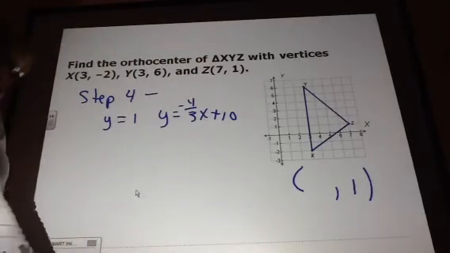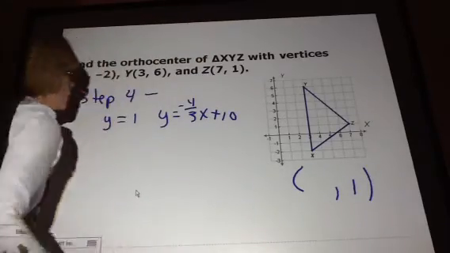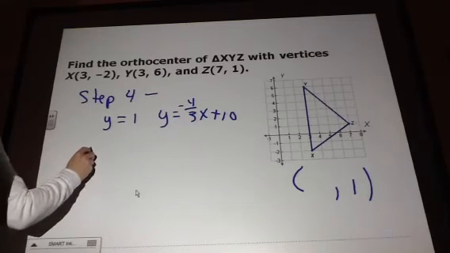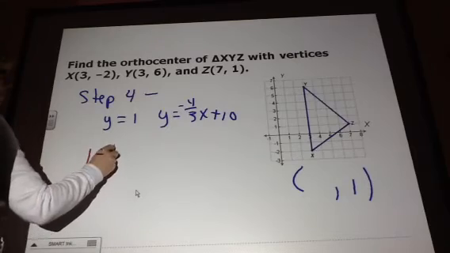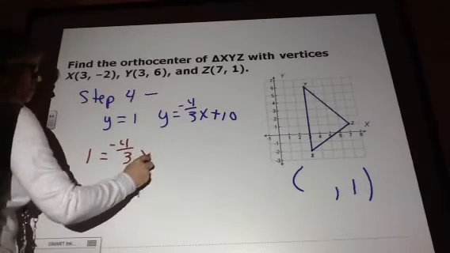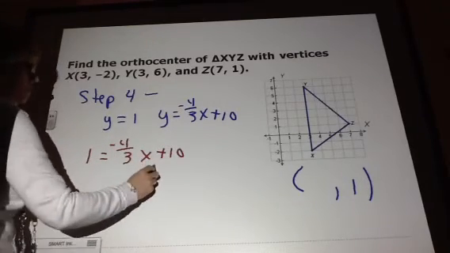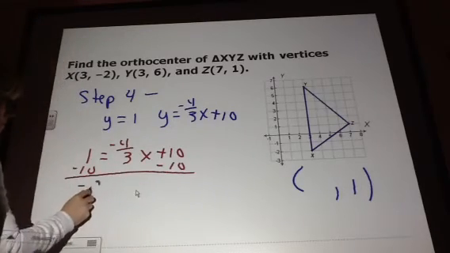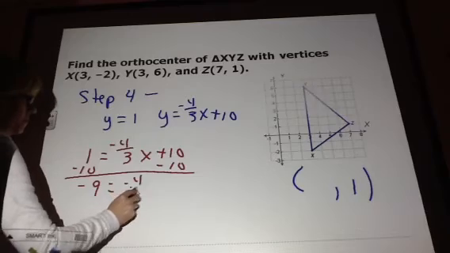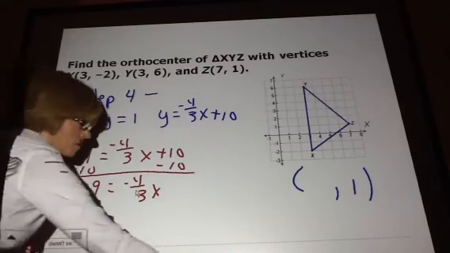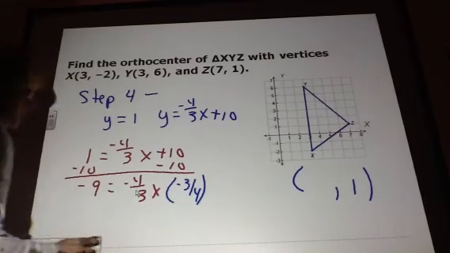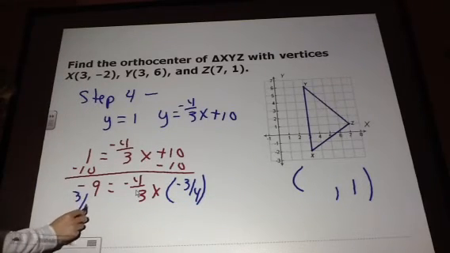We need our x coordinate. So can we substitute it for y and find out what x is? Multiply by that reciprocal.